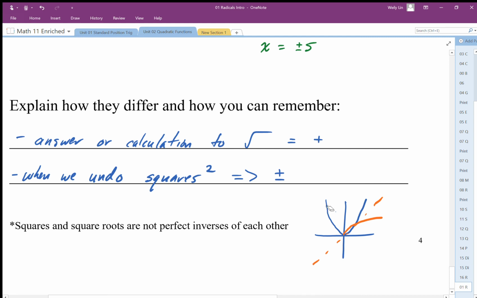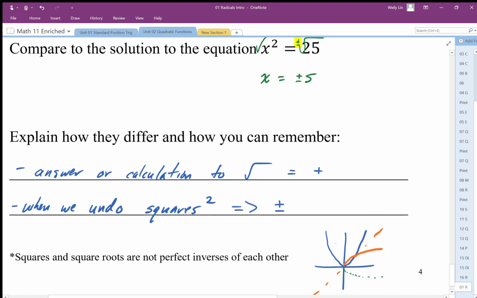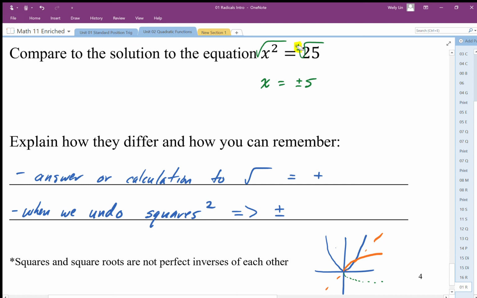If we want to undo the square, we have to remember that there is not just the positive, which I've drawn in orange, but also the negative that we have to accommodate for. That's why we have this plus minus issue when we undo these squares. But going the opposite direction, from squares to square roots, is not an issue. If I'm solving a square by using a square root, we have to use plus minus.